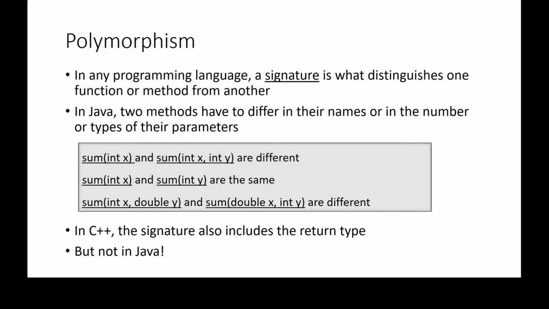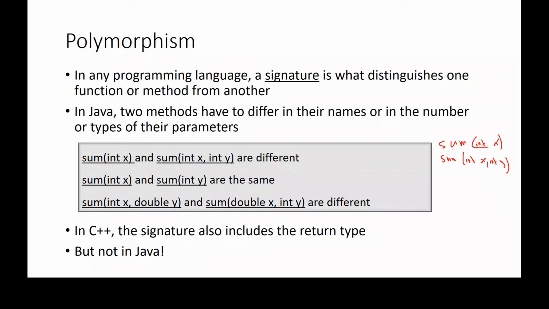So look at this method. It's called sum, and it takes a variable called integer x. But what about this one? Sum, the same name, integer x, integer y. Are they the same method or not?